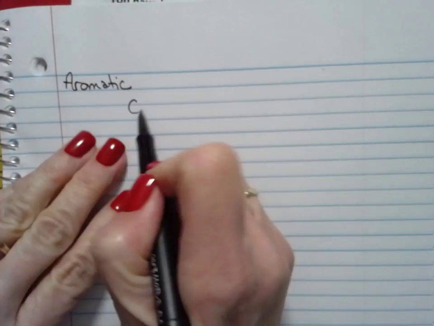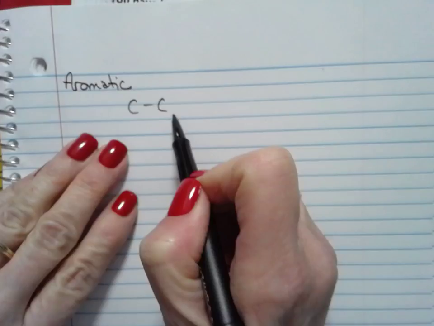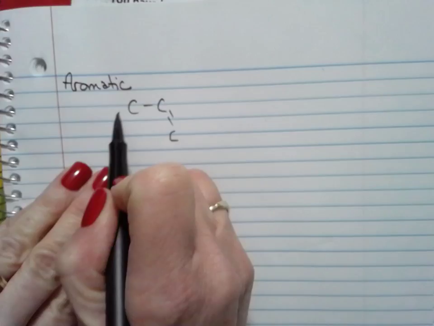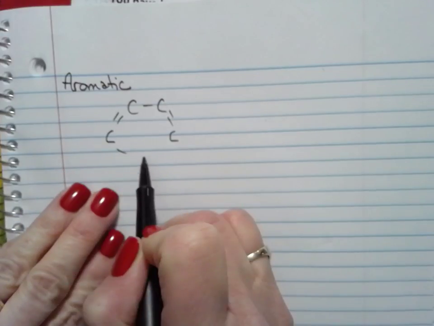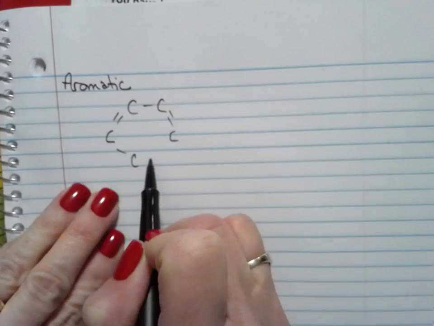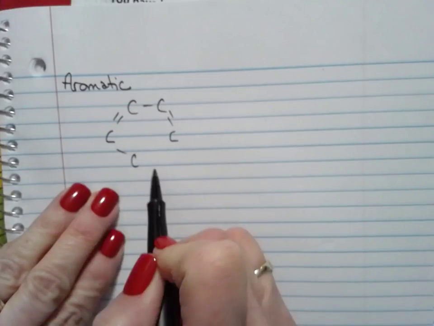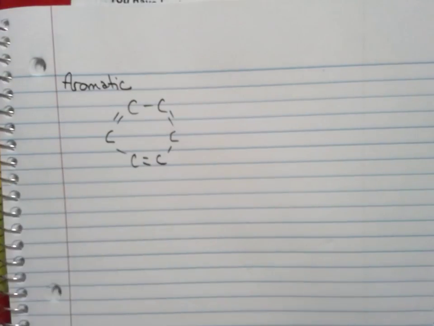Okay. Now, an aromatic functional group is going to have one, two, three, four, five, six carbons.